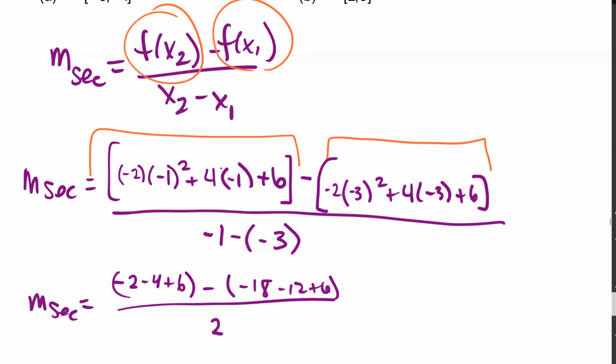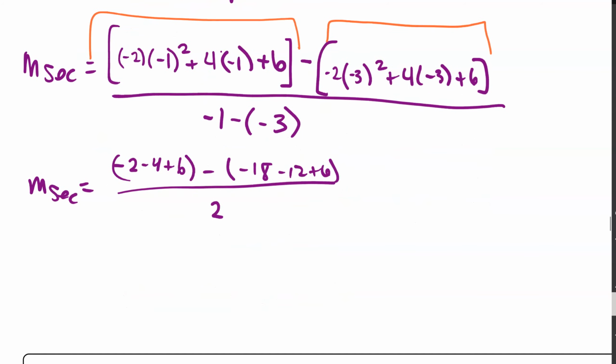Of course, if you have a calculator, you could just plug it in and find it. Negative 2 minus 4 is negative 6, plus 6 is 0, minus negative 24, so 24 over 2 is 12.